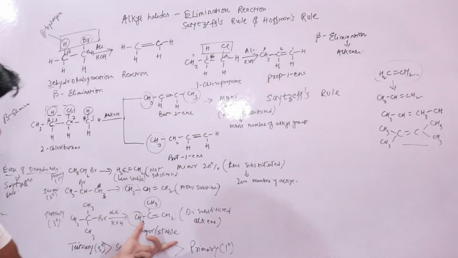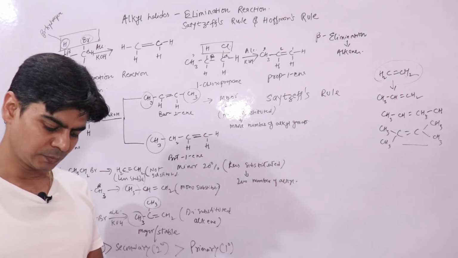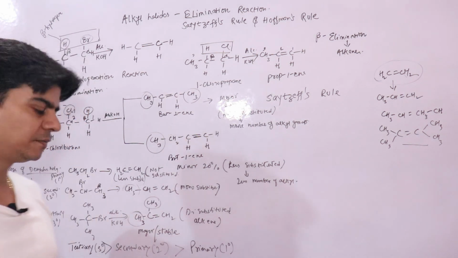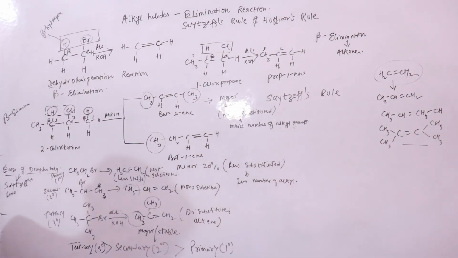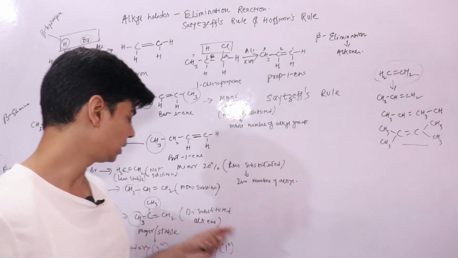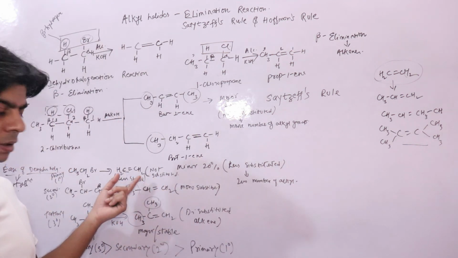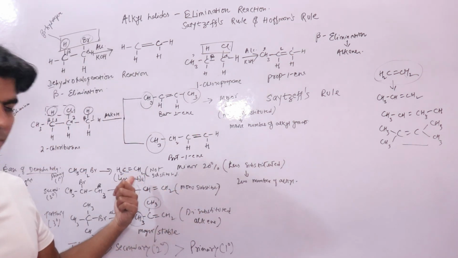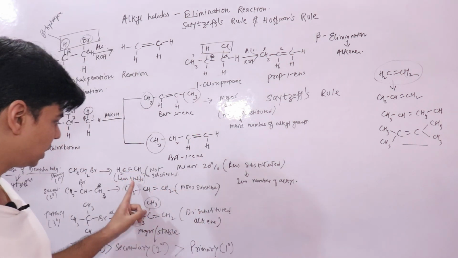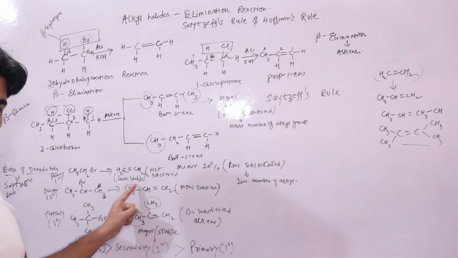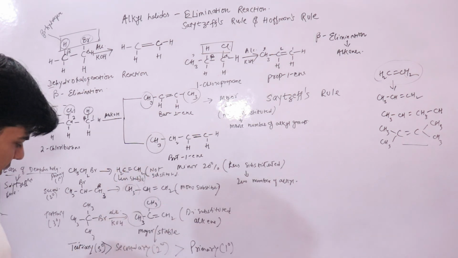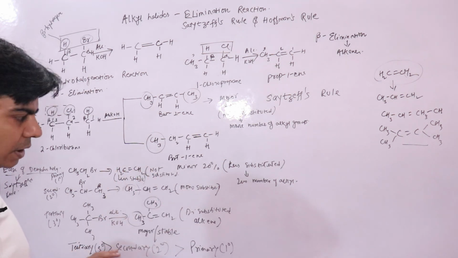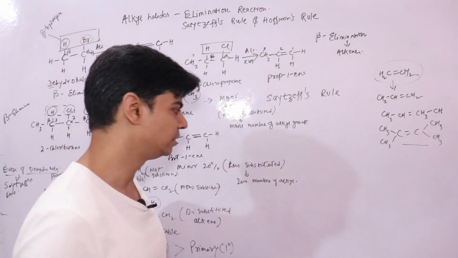The ones that form more substituted alkenes as per Saytzeff's rule. So these are tertiary halides. And primary halides, or 1 degree halides, form alkenes that are not substituted, terminal alkenes which are not substituted at all. So this would be your minor product or least stable. So this will undergo dehydrohalogenation with most difficulty, and tertiary halides will undergo dehydrohalogenation most easily.